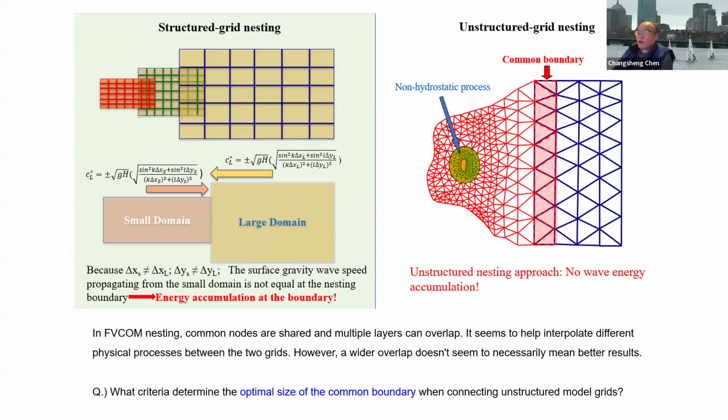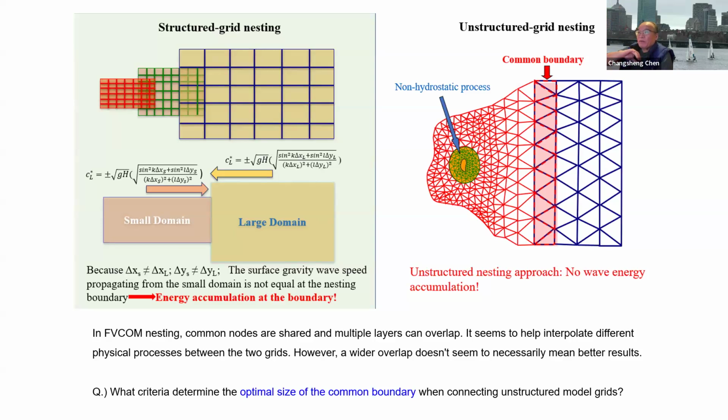But your coarse resolution model probably does not resolve that kind of internal wave, because the minimum wavelength you can resolve is 2 delta x, two cells, right? So if your resolution becomes higher, the internal wave wavelength becomes shorter. You get a short wave coming out from your high resolution domain.